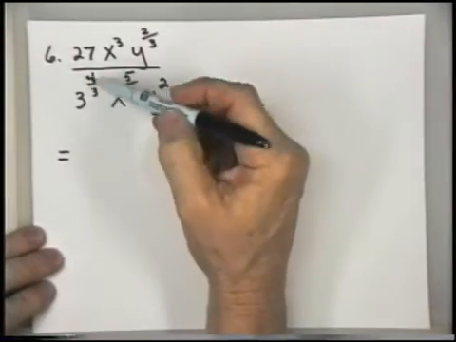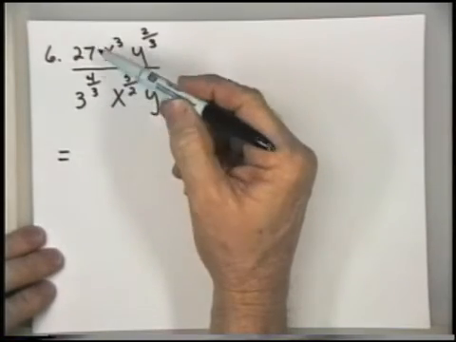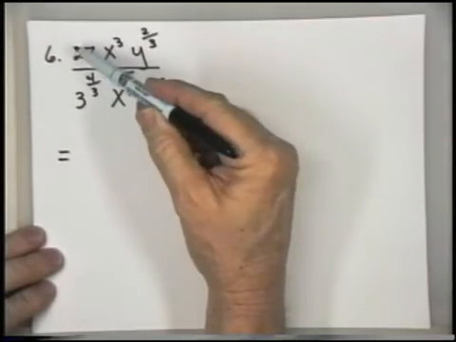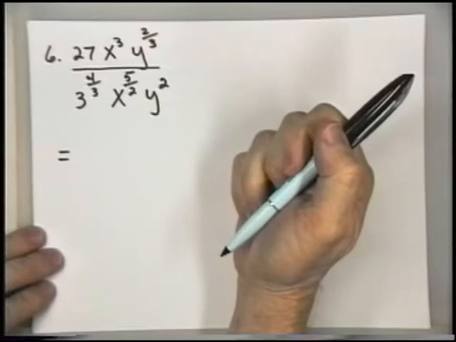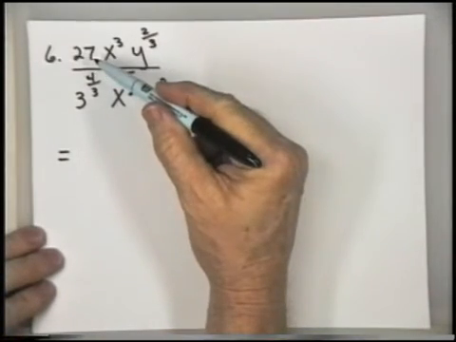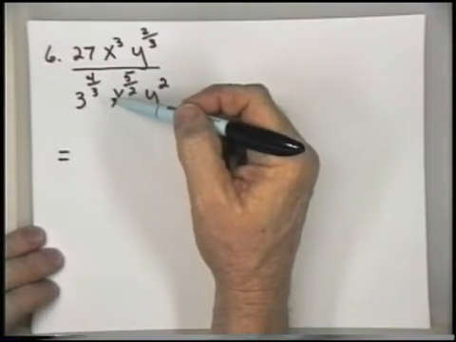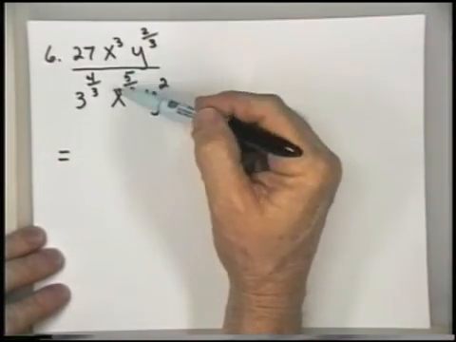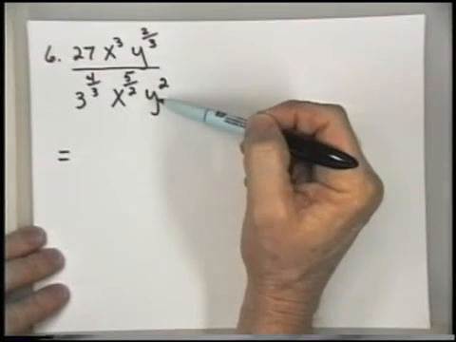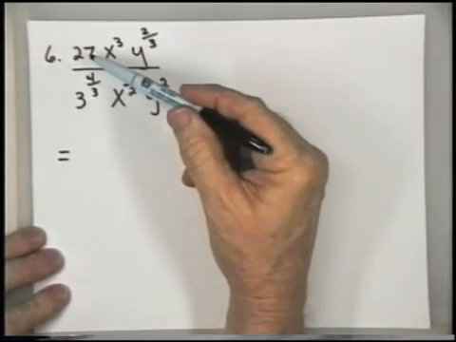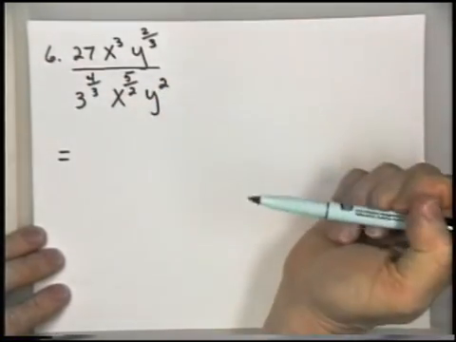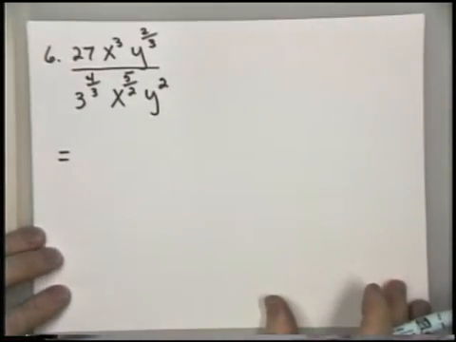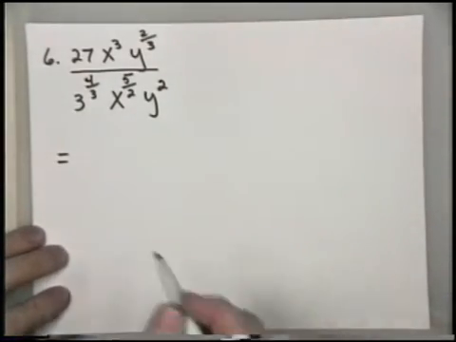Well, you might notice that 27 is a perfect cube, isn't it? It's 3 cubed. And obviously both of these have the same base, and both of these have the same base, and we can make both of these the same base.